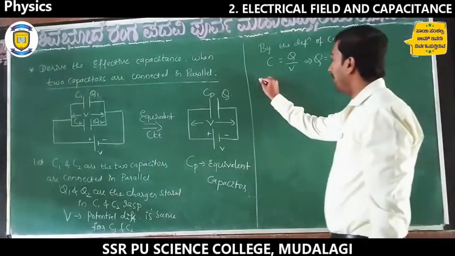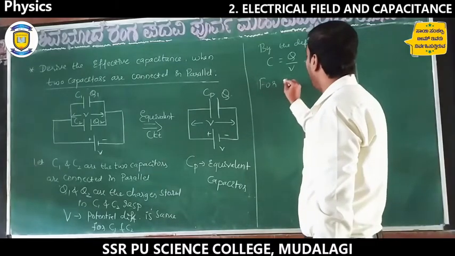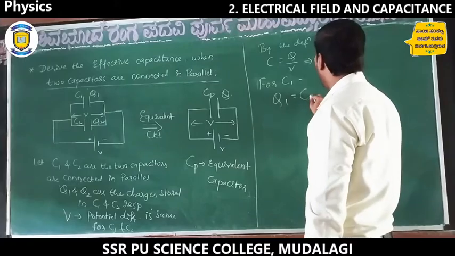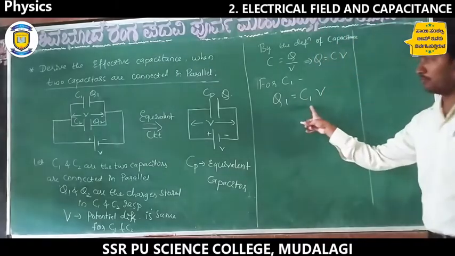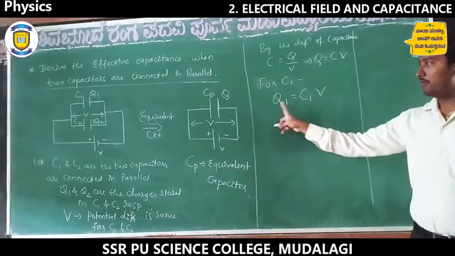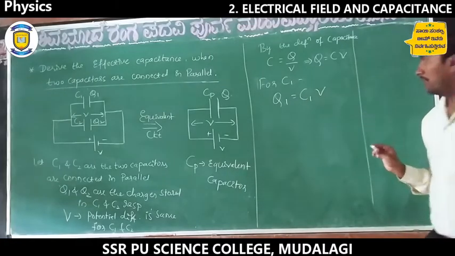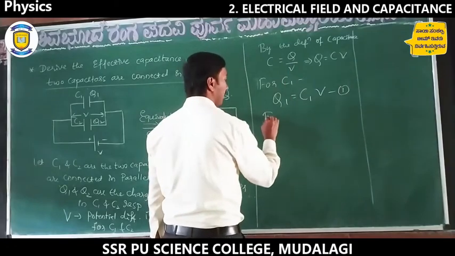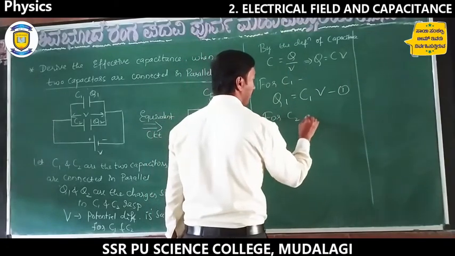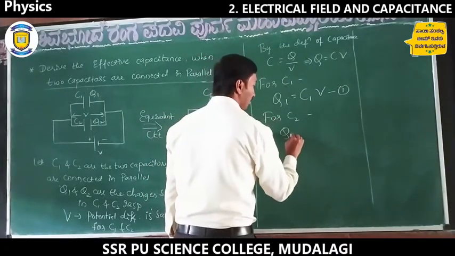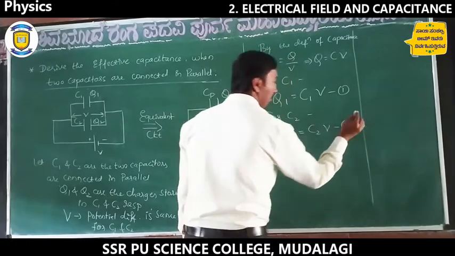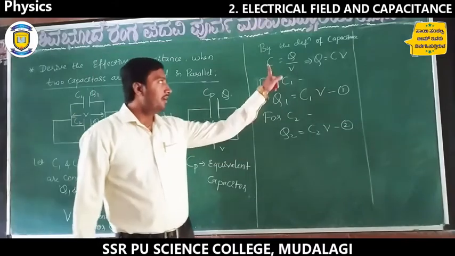Next, for the C1 capacitor, the charge Q1 is equal to C1 V. This is equation number 1. Similarly, for C2, Q2 is equal to C2 into V. This is equation number 2.